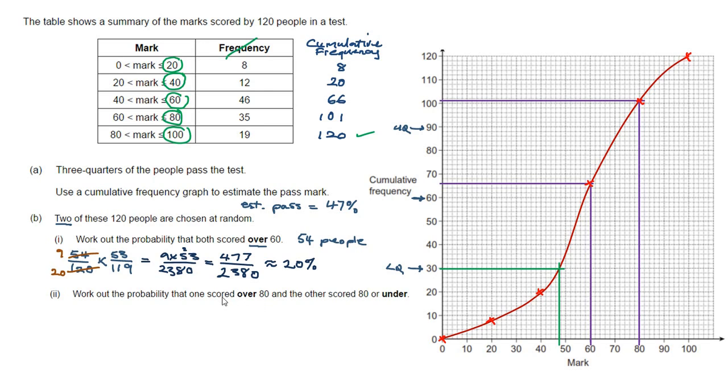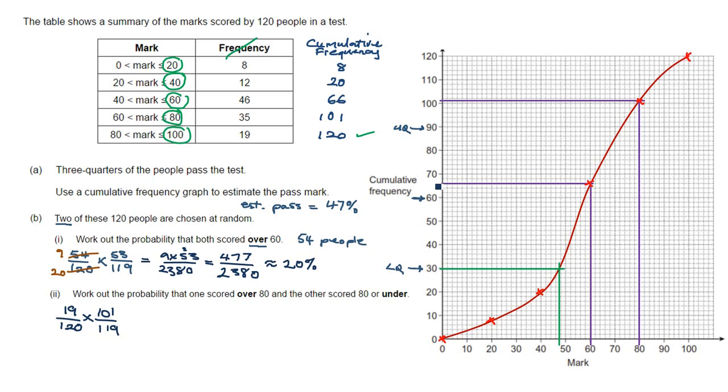So if I pick my first person, then I'll have a probability for my first person of 19 out of 120. And that needs to be multiplied by the second person. Well, the second person has to be under, so that's going to be 101 out of 119.